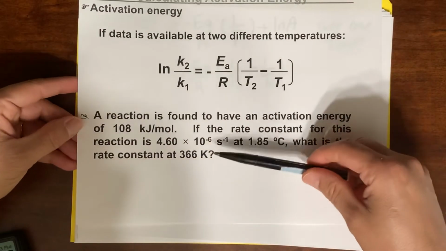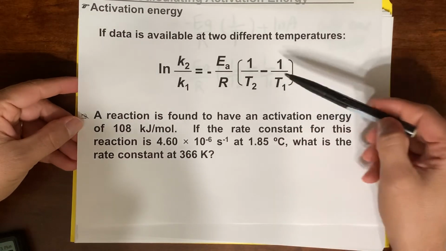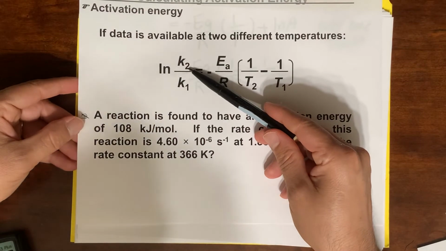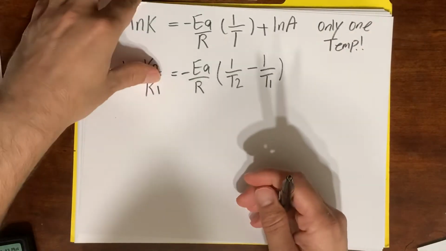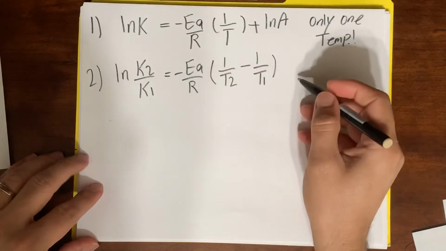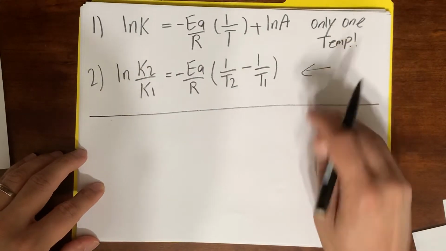So we have the activation energy, we have R, T2 we have, T1 is given, K1 is given, and K2 we are looking for. So we're going to use the second formula.